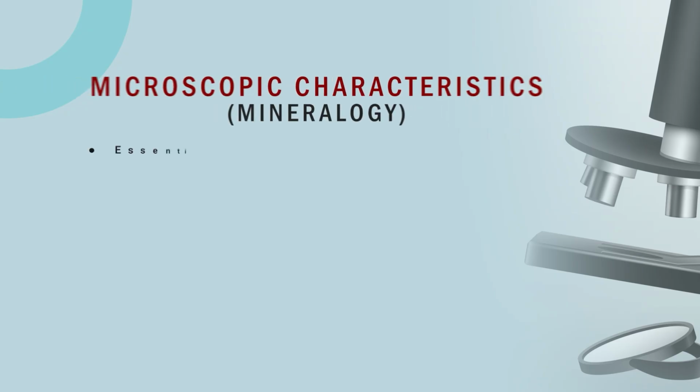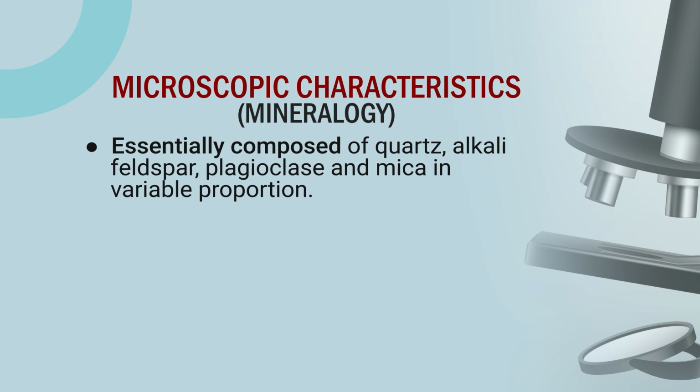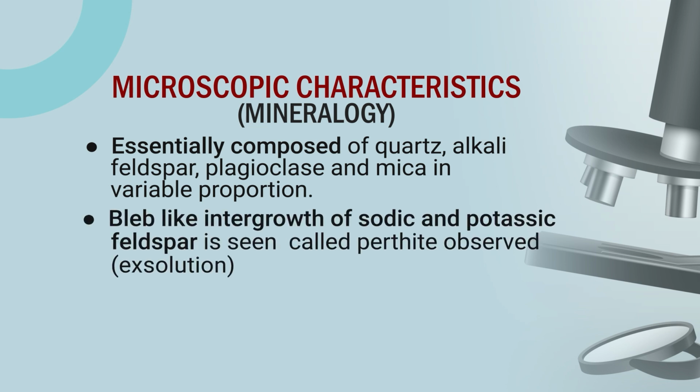Mineralogy wise, granites are essentially composed of quartz, alkali feldspar, plagioclase and mica in variable proportion. Mica may include both muscovite and biotite. Blob-like intergrowth is also observed of sodic and potassic feldspar, which we call perthite. This is an exsolution texture.